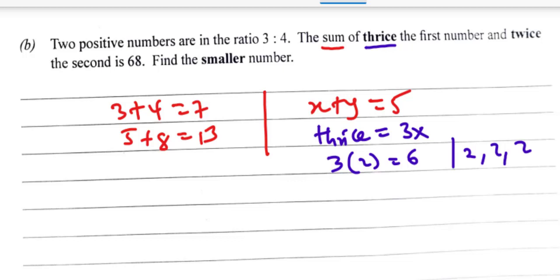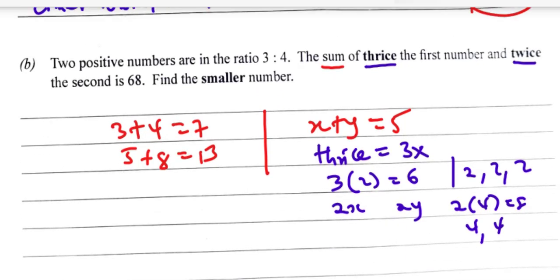Now when we say twice, twice means 2 times. For example, if I say twice of x, that means 2x. Twice of y, that means 2y. Twice of 4 means 2 times the 4, so twice of 4 is 8. So that is how we interpret these things here.